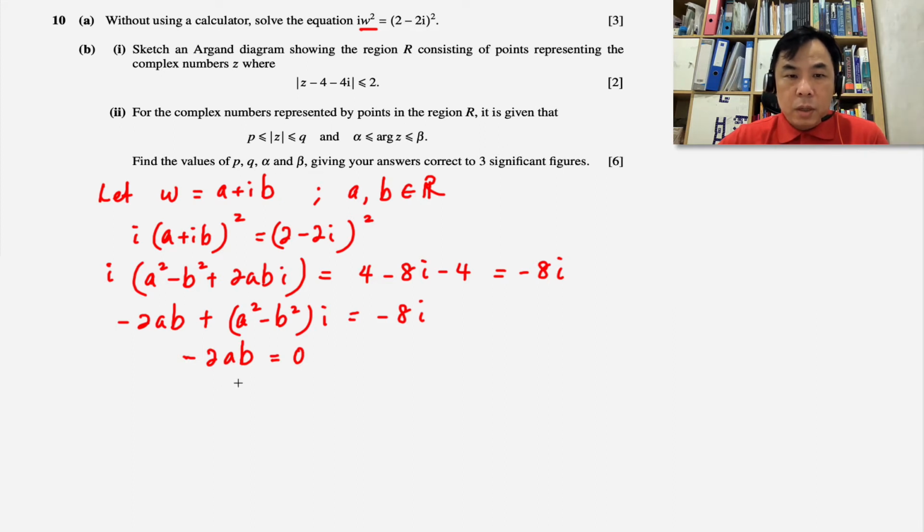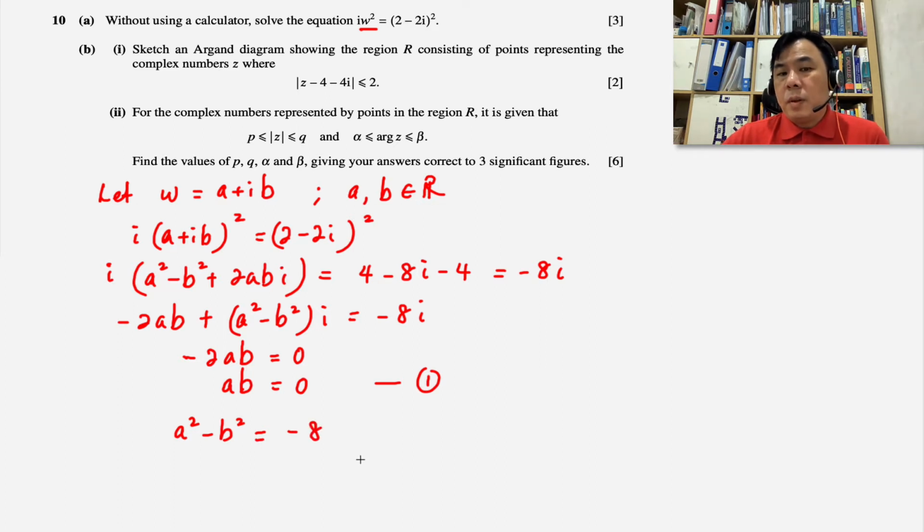Of course, I can further simplify that, it becomes 2ab equal to 0. That is my first equation. And then my second one will be a squared minus b squared must be equal to negative 8.